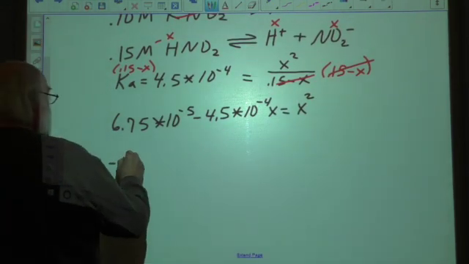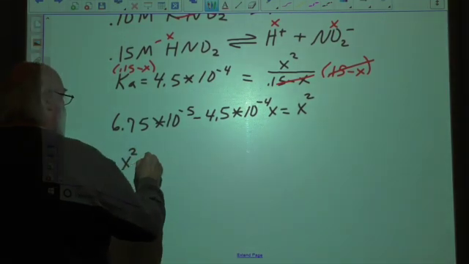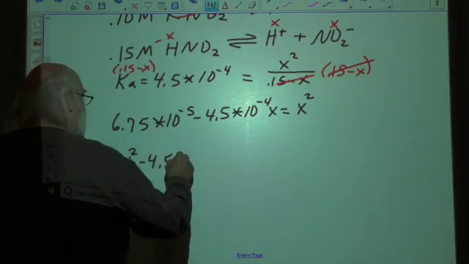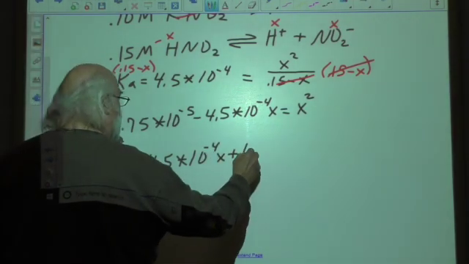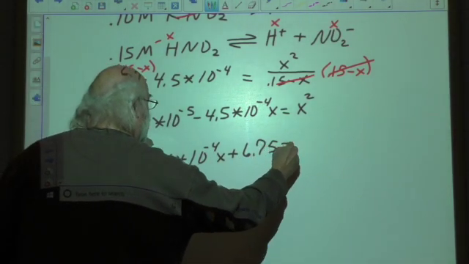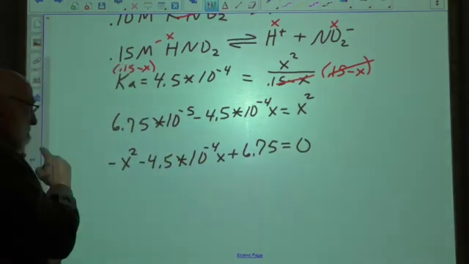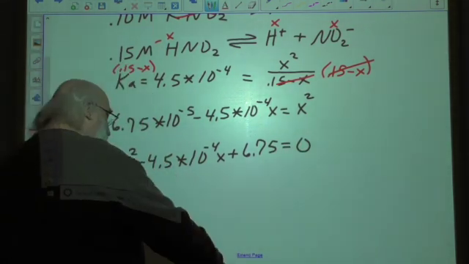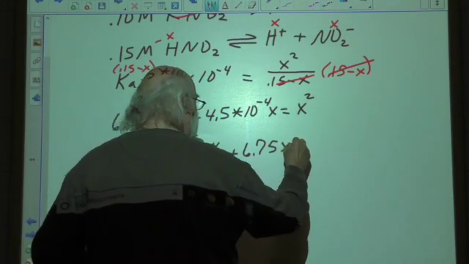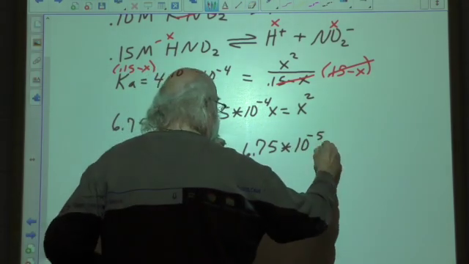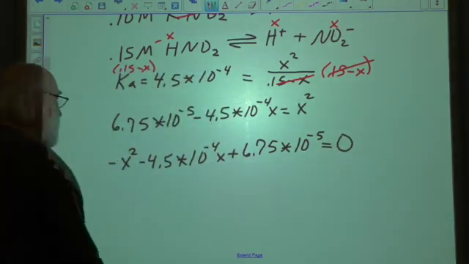So that's negative x squared minus 4.5 times 10 to the negative 4 x plus 6.75 equals 0. Whoa! We forgot the times 10 to the negative 5. That would not have been good. Times 10 to the negative 5 equals 0. Alright, good job, can't fail.